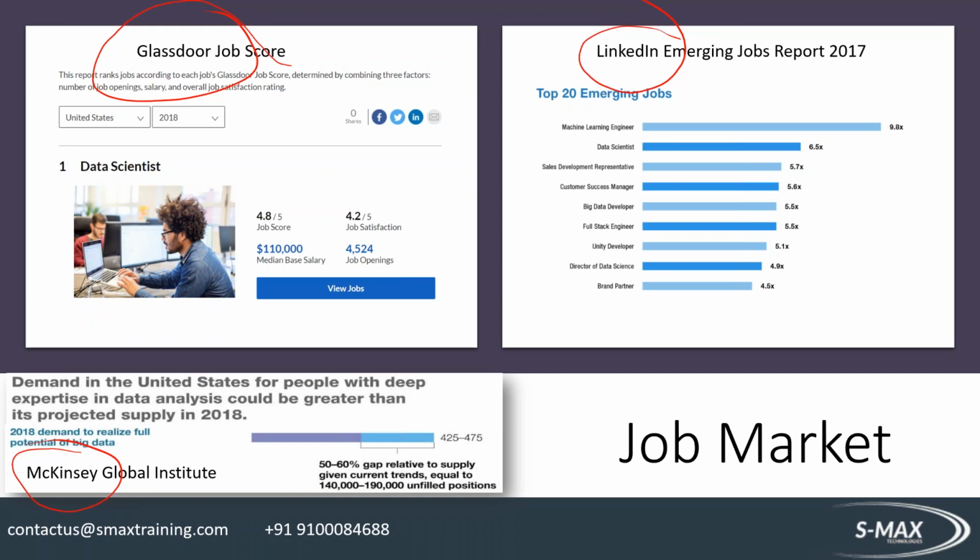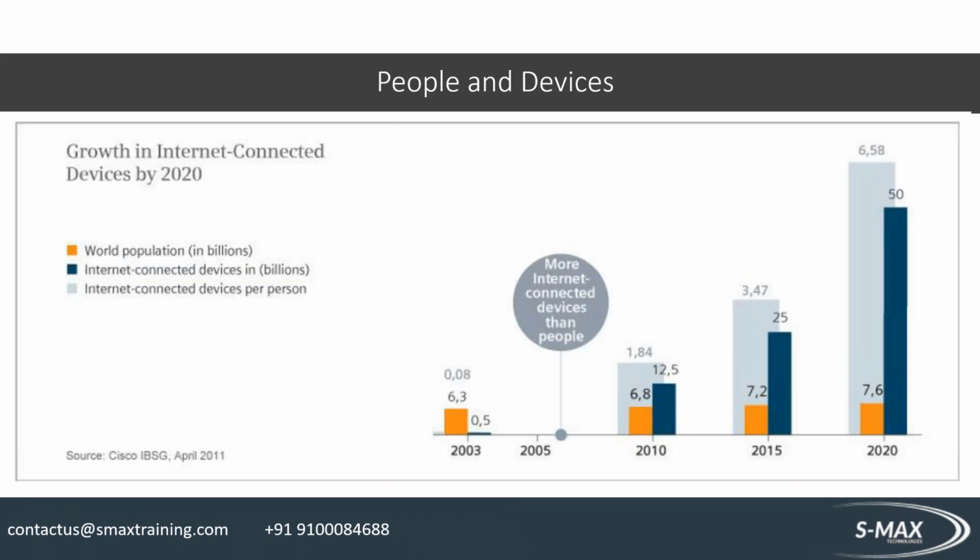We need to consider a few items before we understand why there is a demand now. The first one is people and devices. You can say even people versus devices. If you look at this chart, the orange bar represents the population, and this represents the devices.